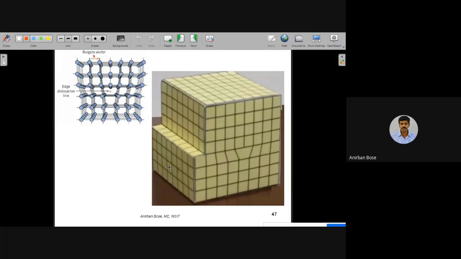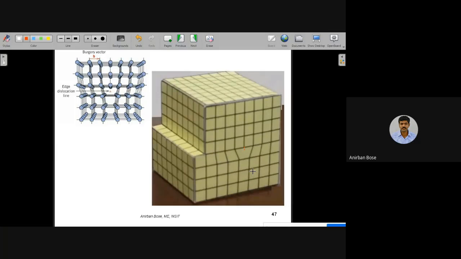Here you can see a three-dimensional crystal and the position of the dislocation. You can observe this is the part plane, so the edge of the part plane is basically the dislocation line.